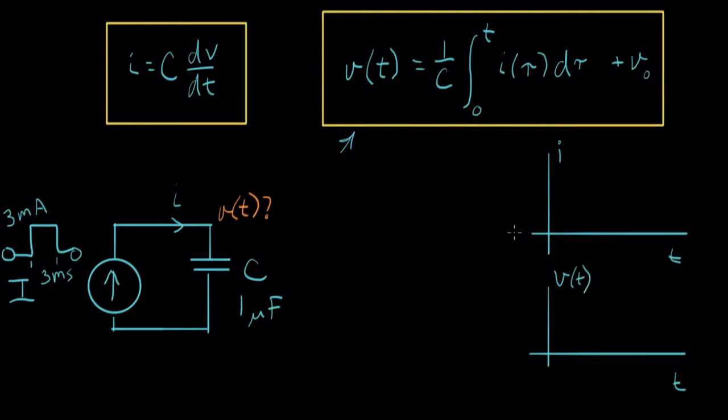We'll plot I this way in time. It's 0, and then it goes up to some value, and then it goes over. So it's a pulse of current. This is 0, this is 3 milliamps, and this is 3 milliseconds. Now we want to find V of t.